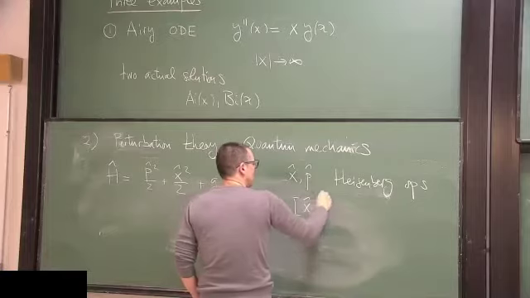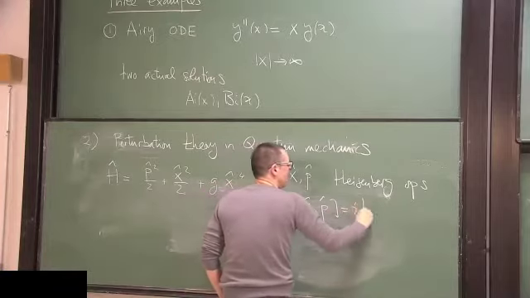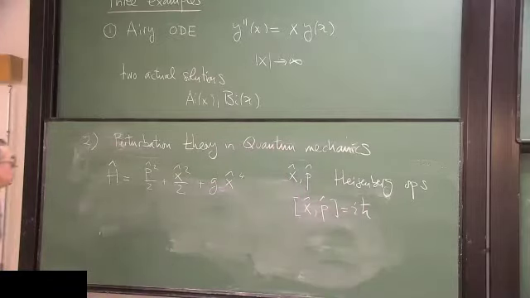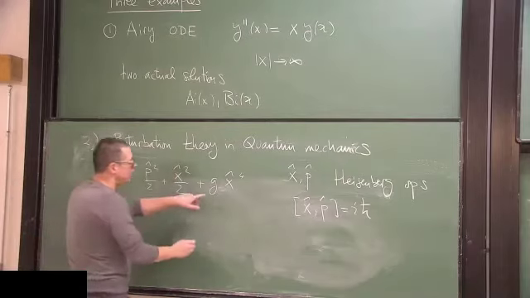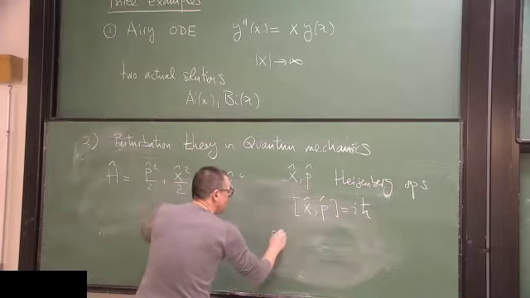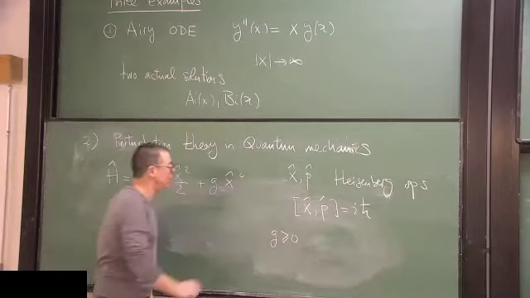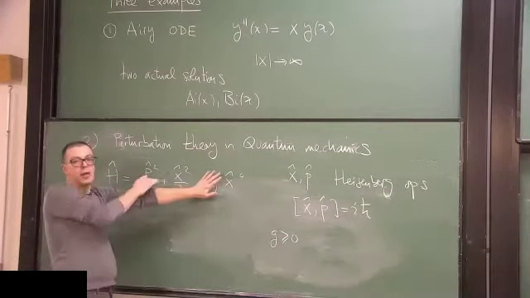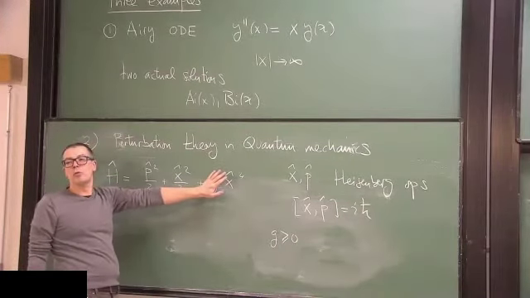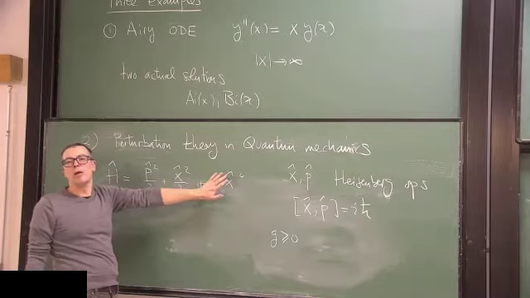They commute to i h bar. Okay? So this is one of the Hamiltonians that we actually give to our undergraduates. And you see here, g is a positive real number. Now, notice that if g is 0, this Hamiltonian P squared plus X squared over 2 is the Hamiltonian of the harmonic oscillator.